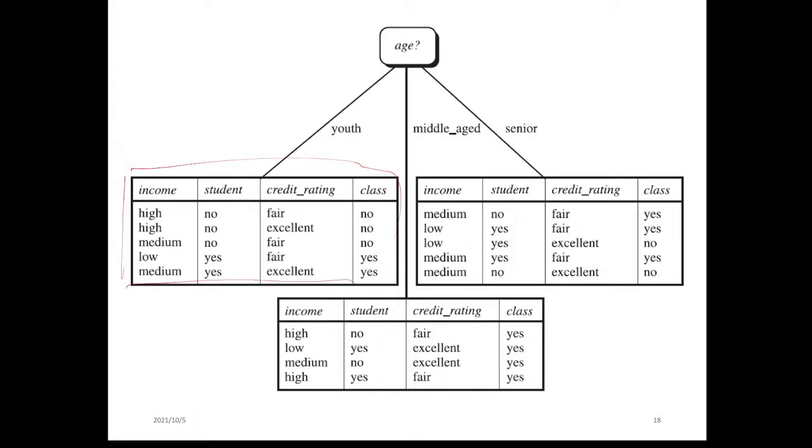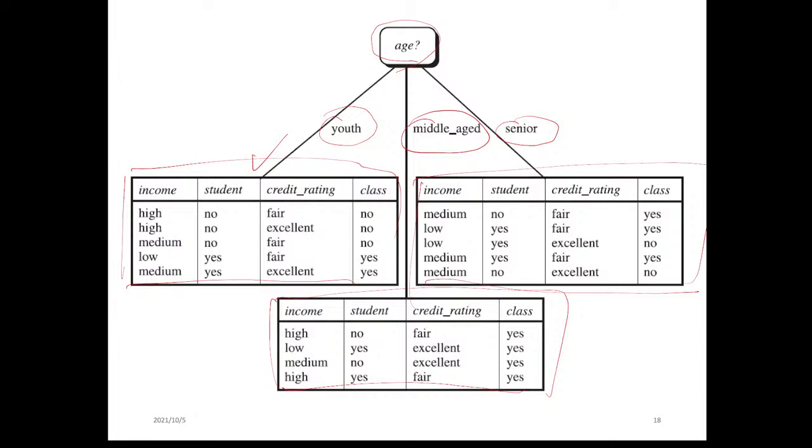For all the middle-aged people, they are here. For all the senior people, they are here. Now you don't need to consider age anymore, because all the people in this group are youth, all the people in the middle group are middle-aged, and all the people here are senior.